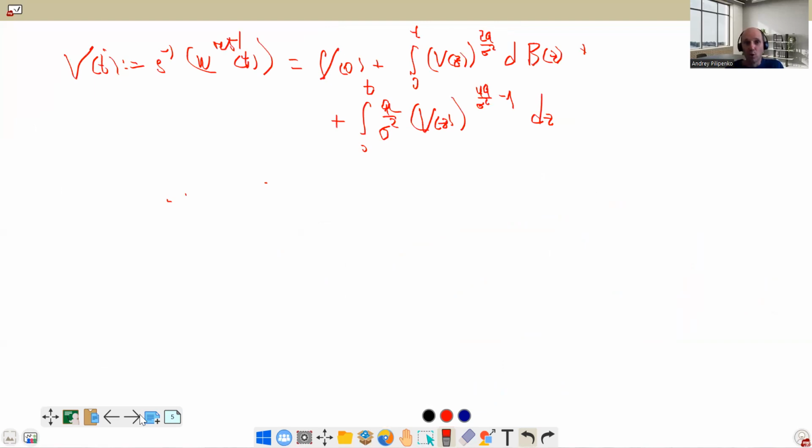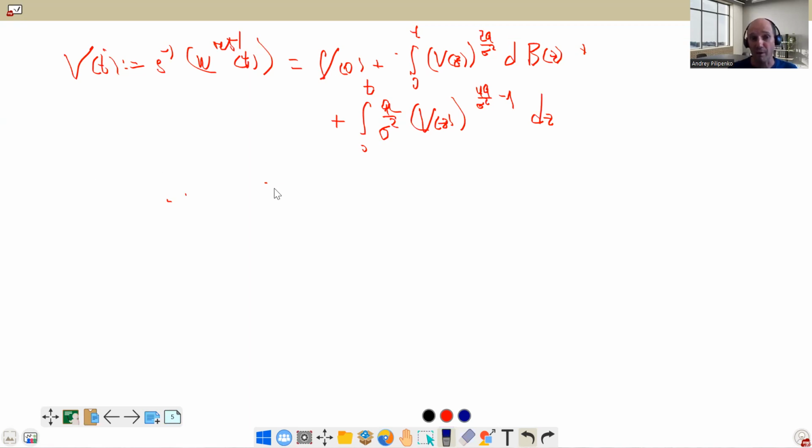And then you will see that after this change of time, the process you get satisfies a stochastic differential equation of the, well, I forgot to write it probably. No, I didn't. So when you do all of this, then you get the following result.